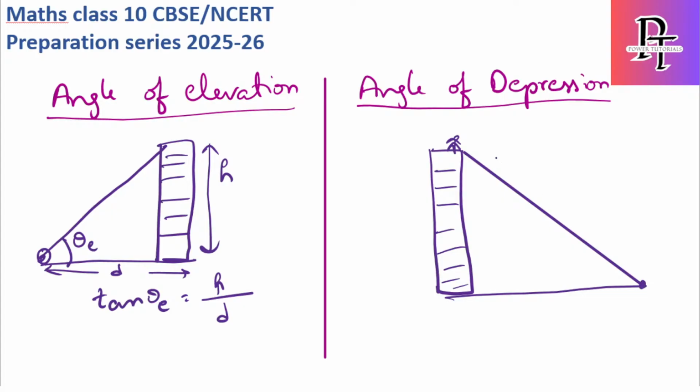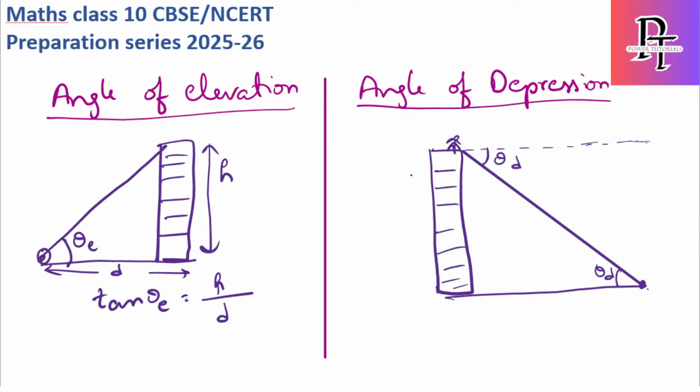He doesn't know the angle from here, but he knows this angle, that is the angle subtended by the imaginary horizontal line to the object. So this is nothing but theta d. Now using our parallel lines concept, this angle will be equal to this angle. So both the angles are the same, which is theta d.